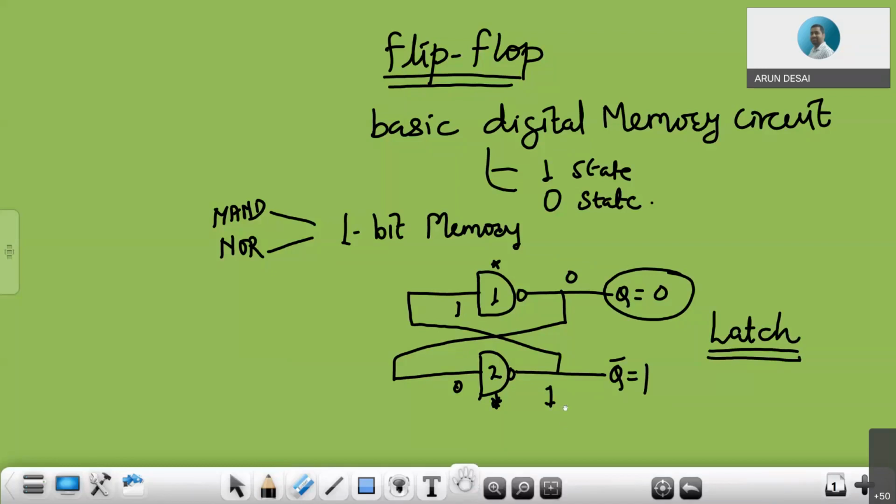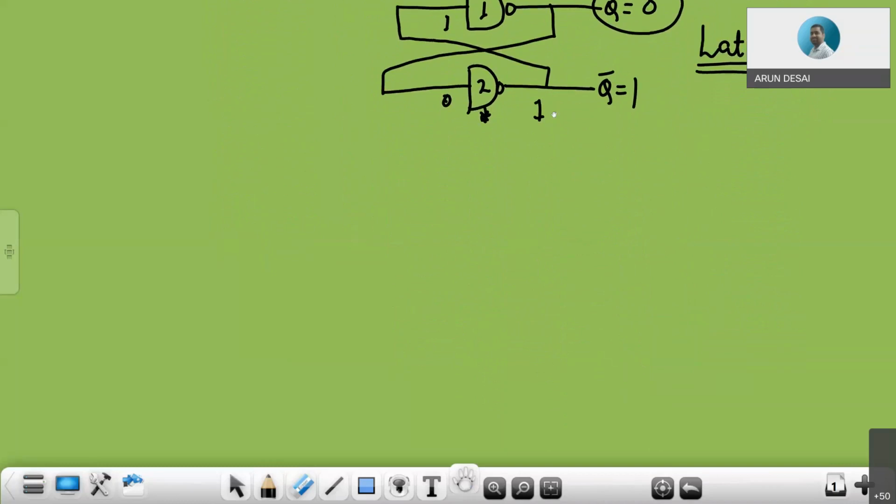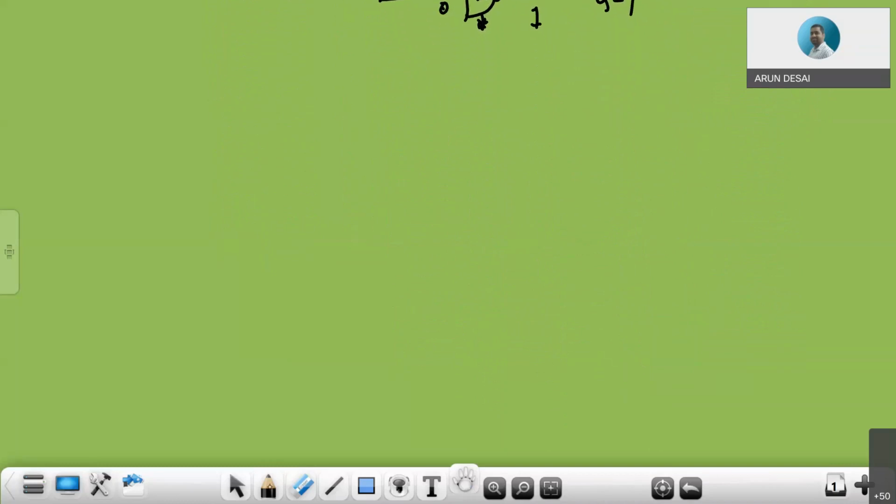So this basically is a one bit memory cell or latch, right? We cannot store or set this latch for 0 or 1. For that reason, again, we use two different NAND gates, right?